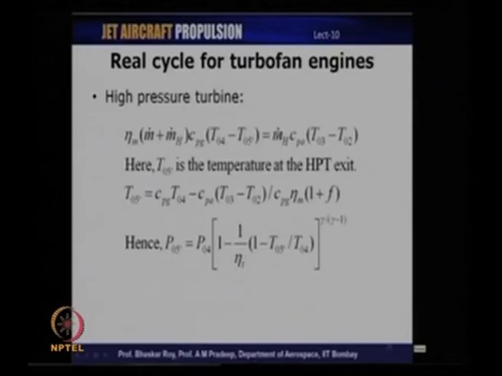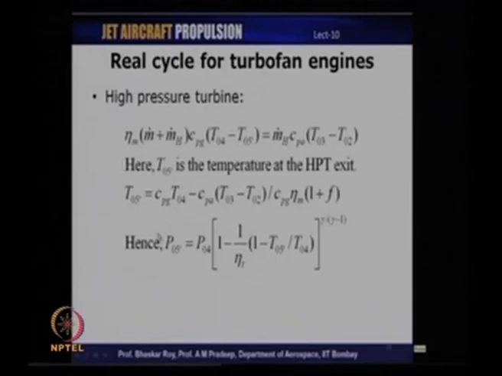This is equal to the mass flow rate of air, given here by m dot h, which is the mass flow rate of the hot engine, that is the core engine, multiplied by Cpa, which is Cp of the air, and the work required by the compressor (T03 minus T02). T05 prime is the temperature at the HP turbine exit. So, here if we simplify this, we can calculate T05 prime, which is the temperature at the HP turbine exit, which is T04 minus (Cpa into (T03 minus T02)) divided by (Cpg into eta m into (1 plus f)).